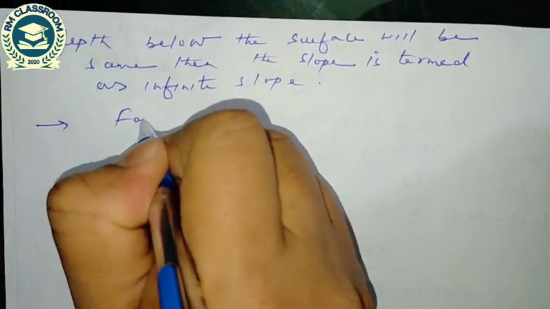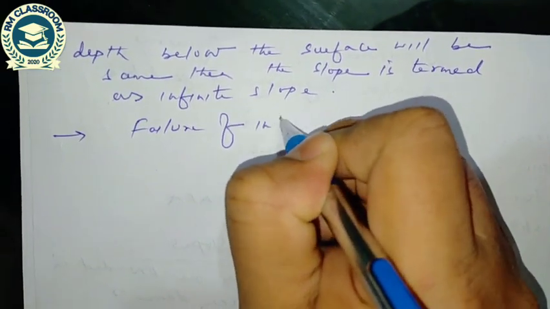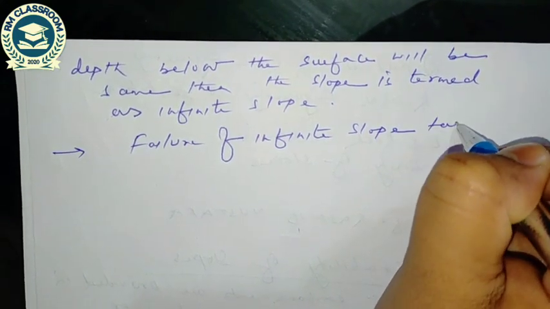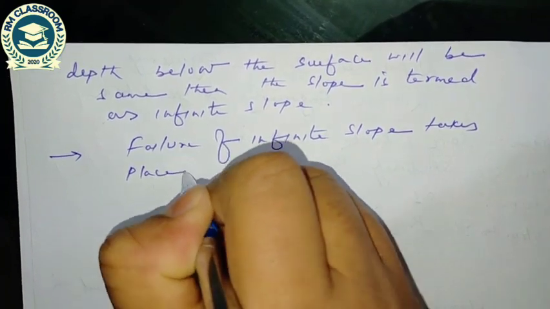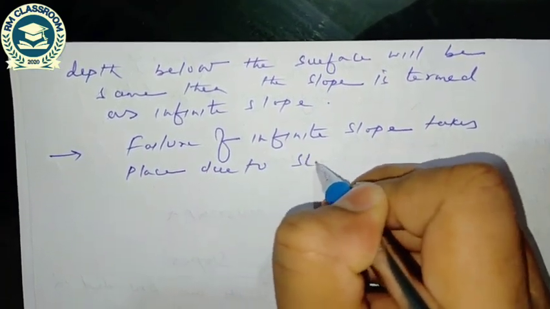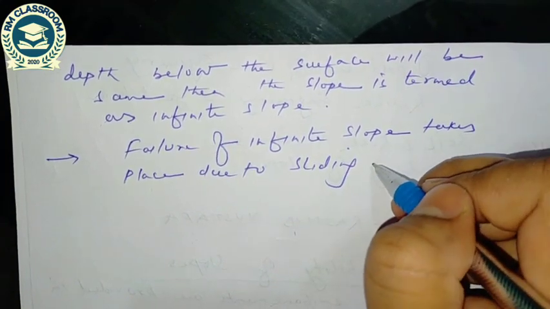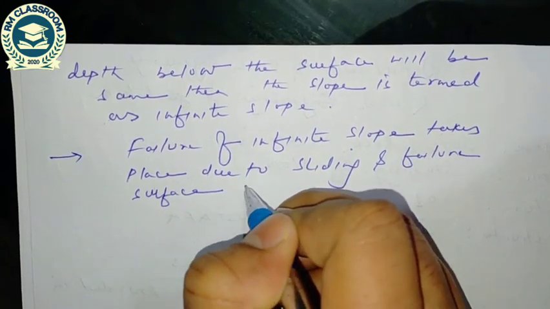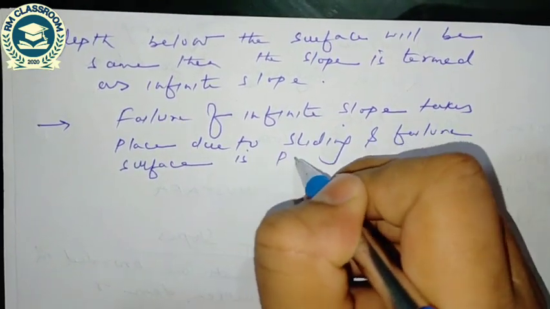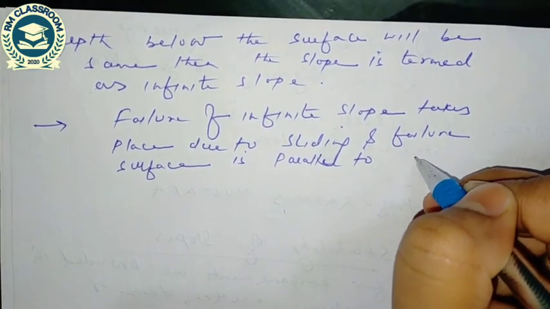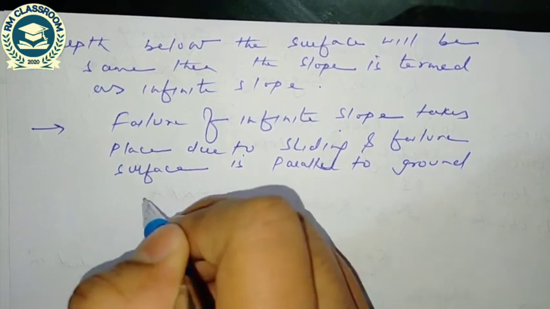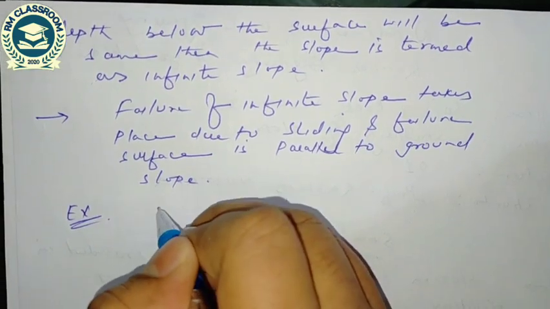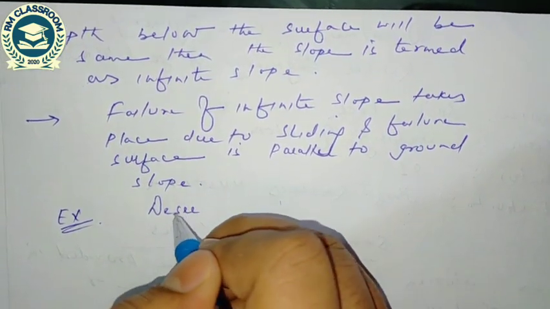So failure of infinite slope takes place due to sliding, and failure surface is parallel to ground slope. So example of infinite slope is mountain slope.